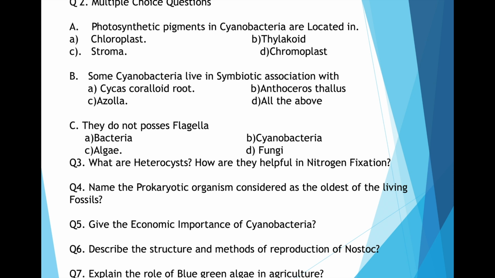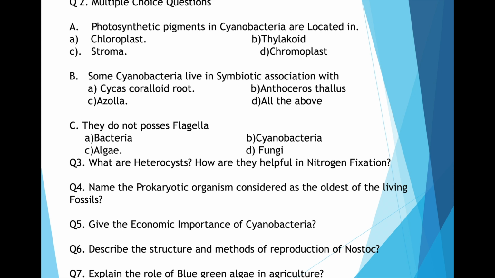I have written a few more questions which are long questions. You can make notes of these questions for your theory exams. Like question number 3, what are heterocysts? How are they helpful in nitrogen fixation? It can come under a 3 or 5 marks question. Question number 4, name the prokaryotic organism considered as the oldest of the living fossils. Question number 5, give the economic importance of cyanobacteria.